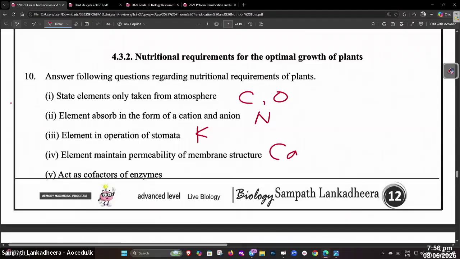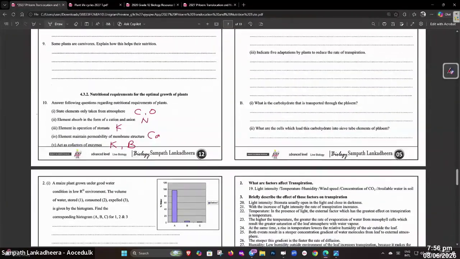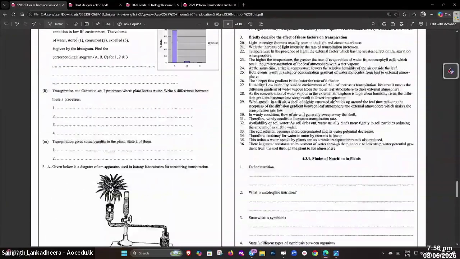And then act as cofactors of enzymes, people. You can write two. Potassium and boron. Potassium and boron, 13th page. I have to move to page number 13.